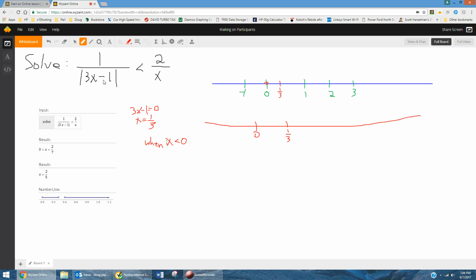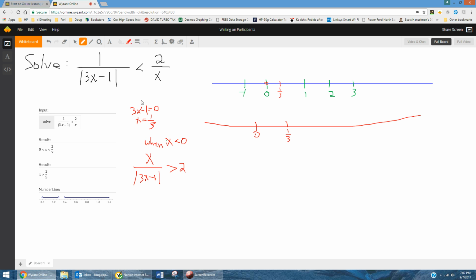what's true about 3x minus 1, the absolute value? Well, that will be positive. But this thing will be negative. So if I multiply both sides by x, when x is less than 0, I would end up with this. Notice I reversed the direction of the arrow, because when x is less than 0, I'm multiplying by a negative number.